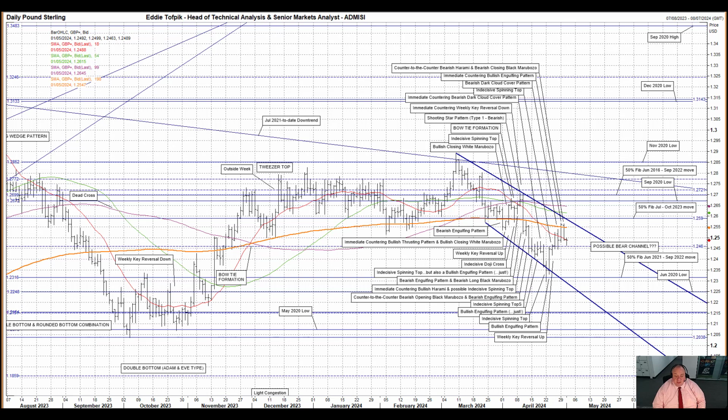Now just above this bear channel line, we have the short medium moving average and medium moving average, currently at 126.15 and 126.45 respectively. Meanwhile, below we have the lesser Fibonacci line at 124.60, and even further below, and in relative terms quite a way below, is the 50% Fibonacci line of the June 2021 to September 2022 move at 123.16, with the June 2020 low at 122.48 below that.